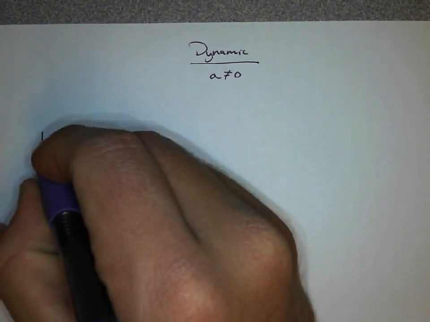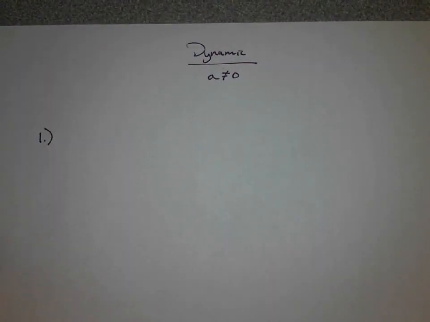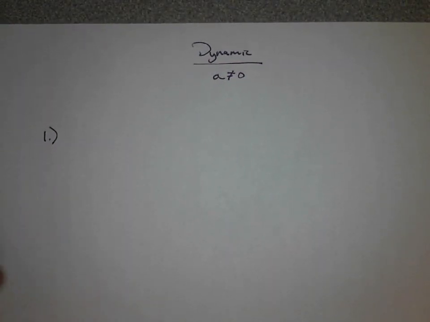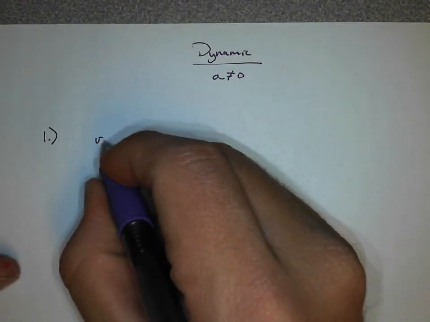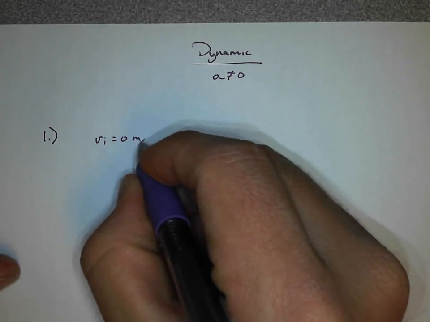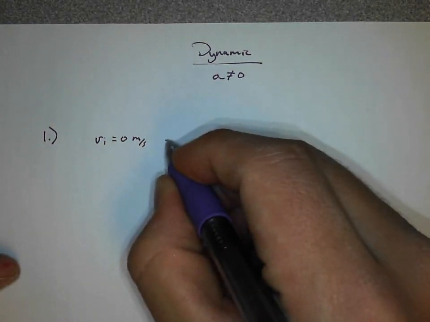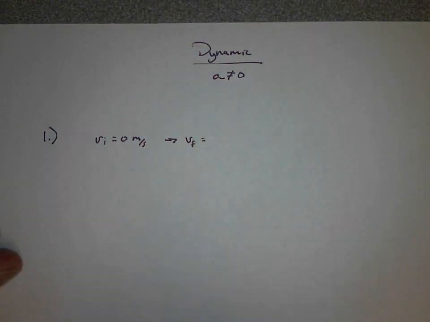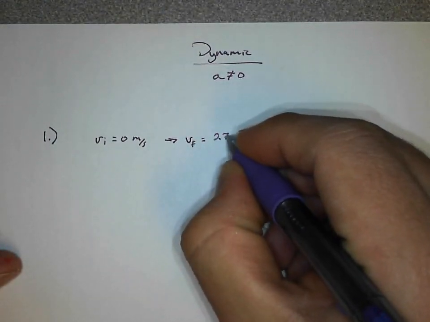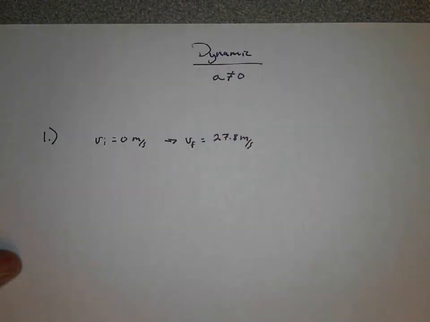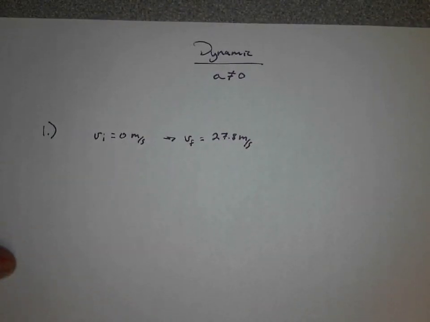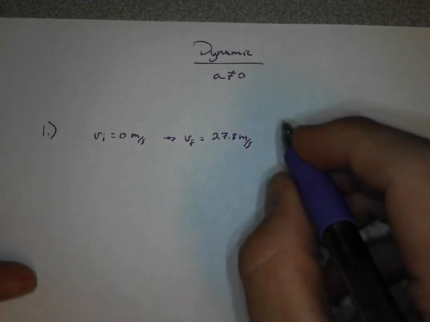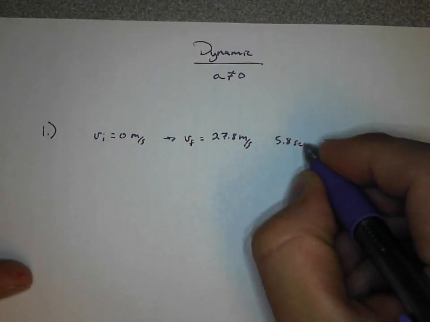Here's an example. Let's do a problem like this. I saw a couple problems like this from another class the other day, and I think it would be good practice for us. Let's say you have a car that accelerates from an initial velocity of 0 meters per second to a final velocity of 27.8 meters per second, and that takes 5.8 seconds of time.